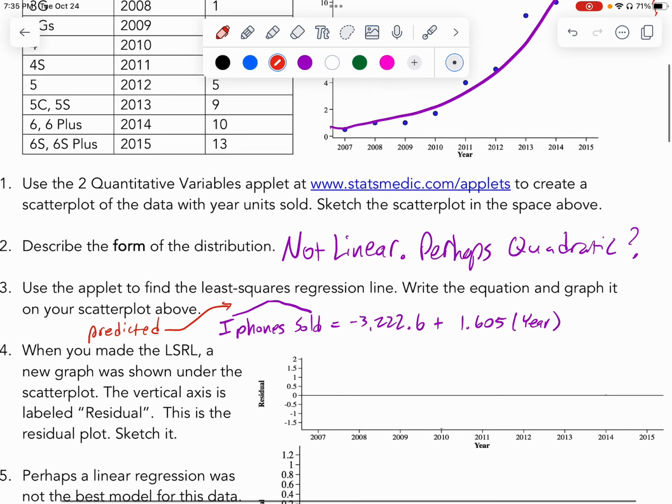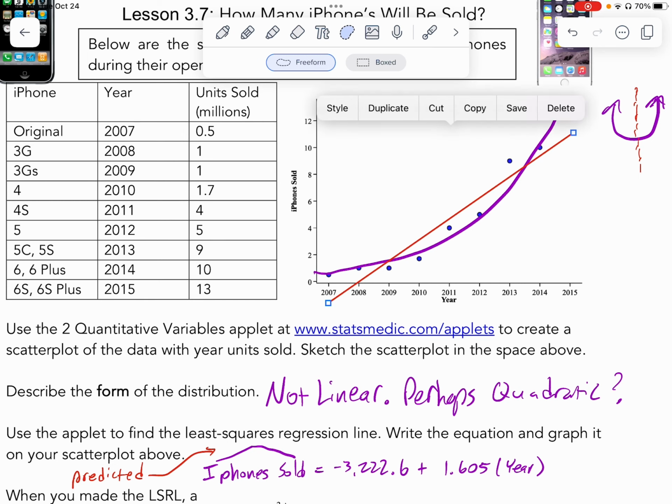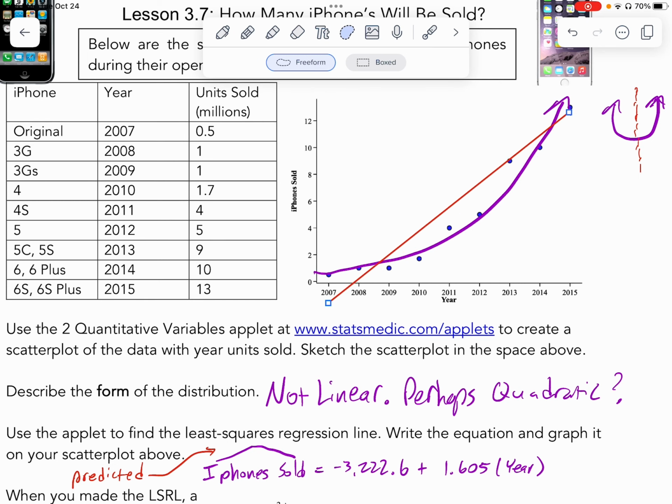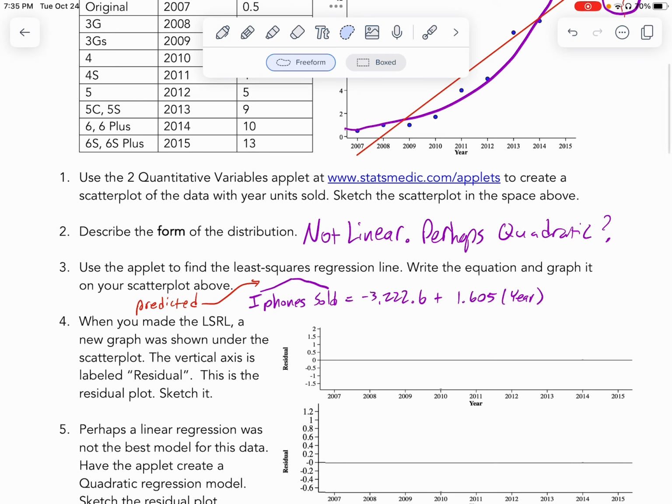All right, and then you can try to sketch it, but it kind of did something like this, right? You can screenshot it if you want, but it was something like that, I believe. Okay. It's not a very good fit.